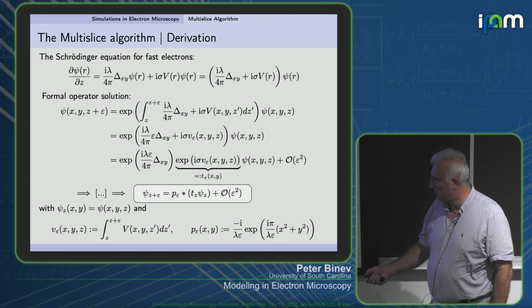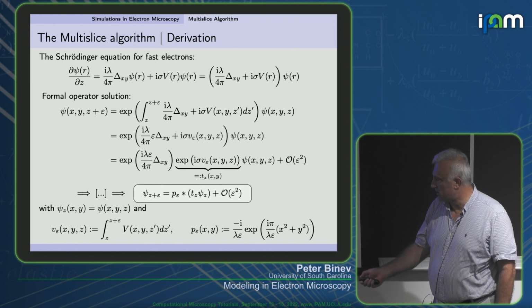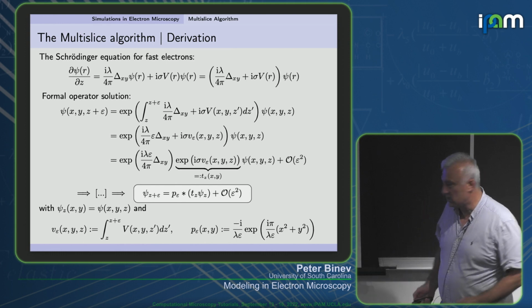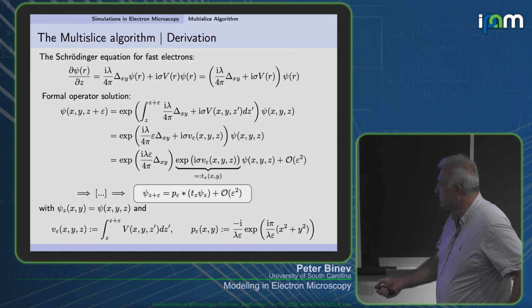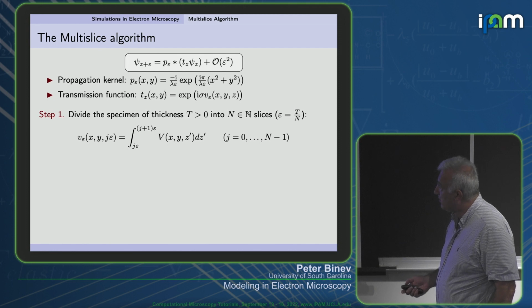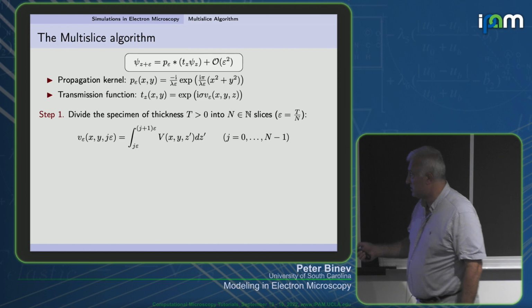Very often people just consider the integral from negative infinity to infinity, because actually the essential part of this V at that particular place is captured in the interval. That's again some approximation which pays off, and this is the kernel which is used in the convolution. We have the propagation kernel and the transmission function.